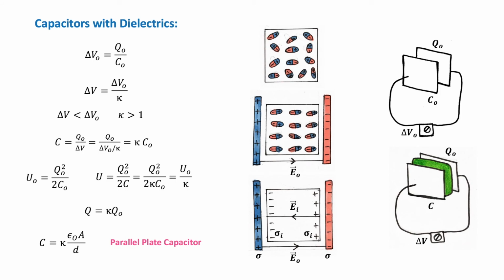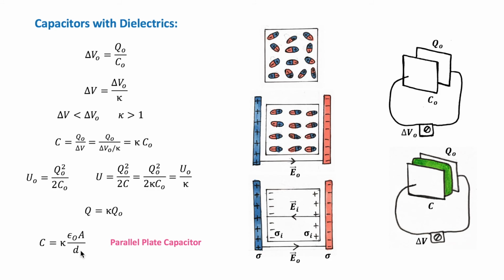So for a parallel plate capacitor, we have C is equal to K epsilon naught A over D. And note that each capacitor has a maximum operating voltage, and this represents the voltage before discharge occurs, okay? And it depends on the maximum electric field that a dielectric can withstand before its insulating properties break down and it begins to conduct, okay?